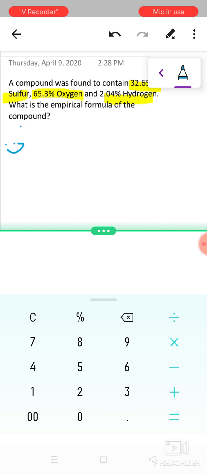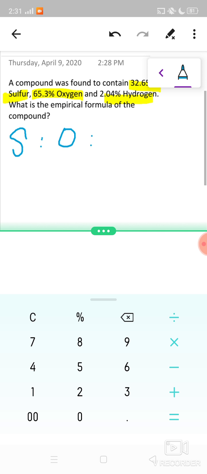We can form a ratio of sulfur to oxygen to hydrogen. Basically, what is empirical formula? Empirical formula is the simplest formula. It is not important that this is the real ratio or the way it is contained in nature. However, this is the simplest formula of any compound. It can be for any compound of any elements or atoms.